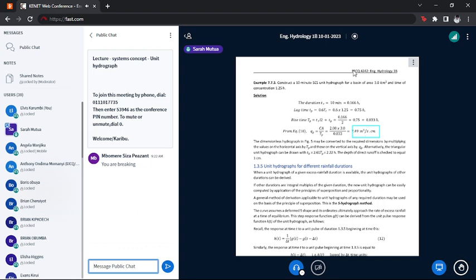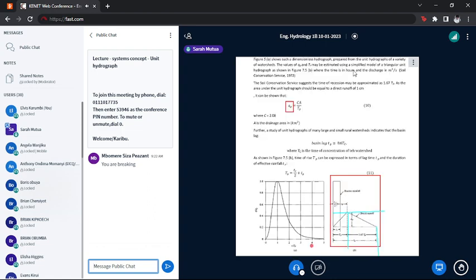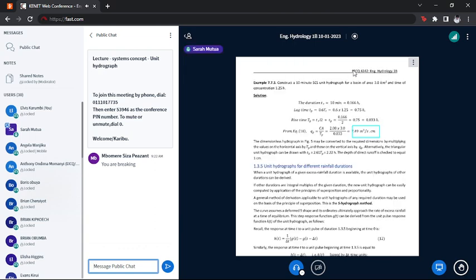If you are using rainfall in meters, it will be per meter. So that one should be very clear, because you can always make use of different units. Then the area under the curve will be either 1 millimeter, 1 meter, or 1 centimeter, based on your units.